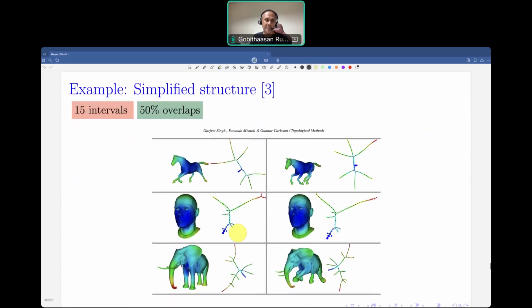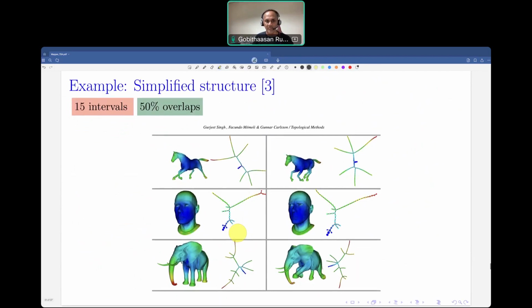Okay, so more examples. This is an example again from Singh, the founder of the mapper algorithm. They used this in the same paper actually, with a 50% overlap. They used some sort of distance metric, in which you get to see the left and right hand side, the same horse with a different movement. Of course, it encodes the same graph.